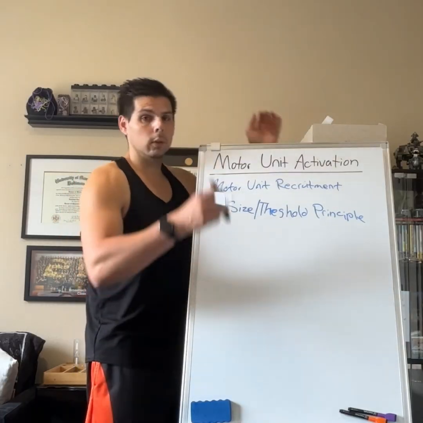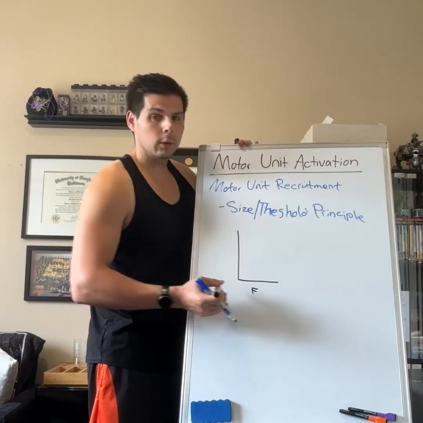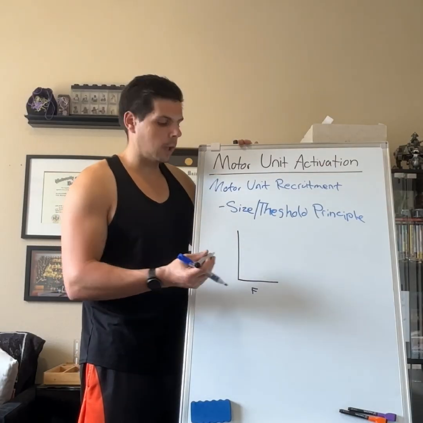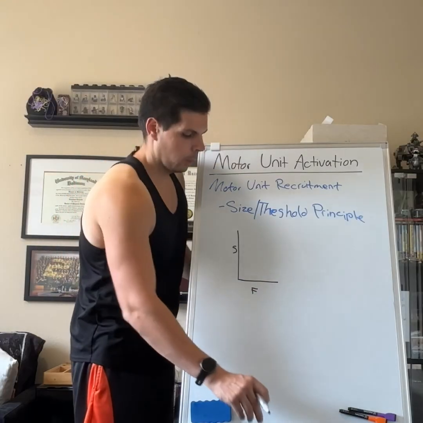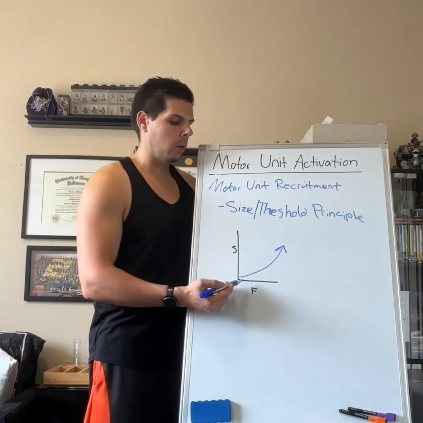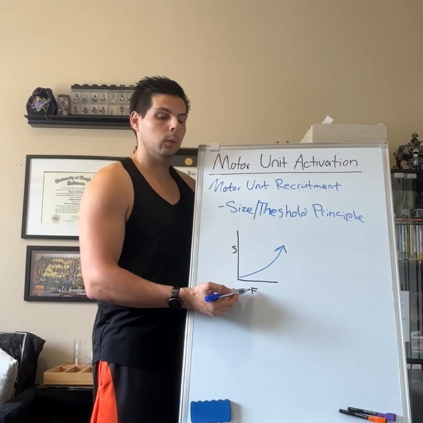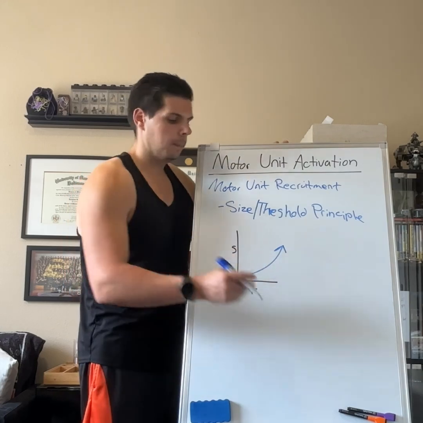Usually that is looked at on a graph like so, where on our x-axis we have the force for the exercise in question, and then we have the size of the motor unit on the y-axis. Usually how this is demonstrated is that as the amount of force required goes up, so does the size of the average motor unit being recruited.